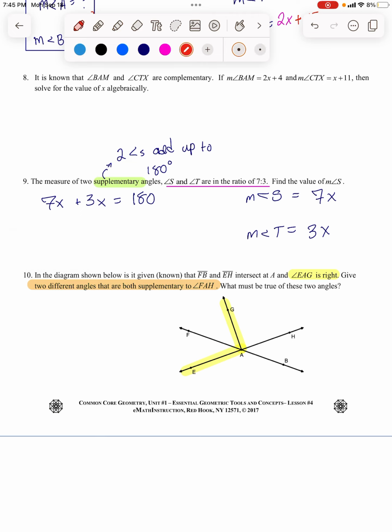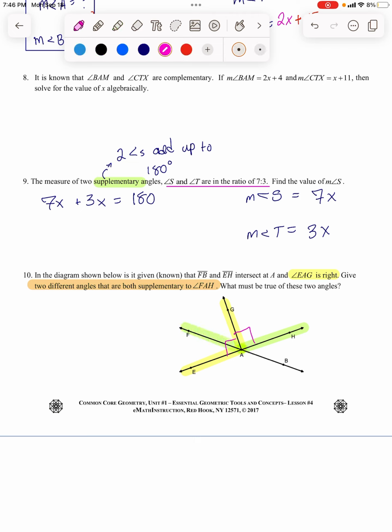So let's break this down. We have EAG. Remember, if you have a right angle on one side, we've got a right angle on the other. And the angle FAH they're talking about is, I'll use green, this angle here.